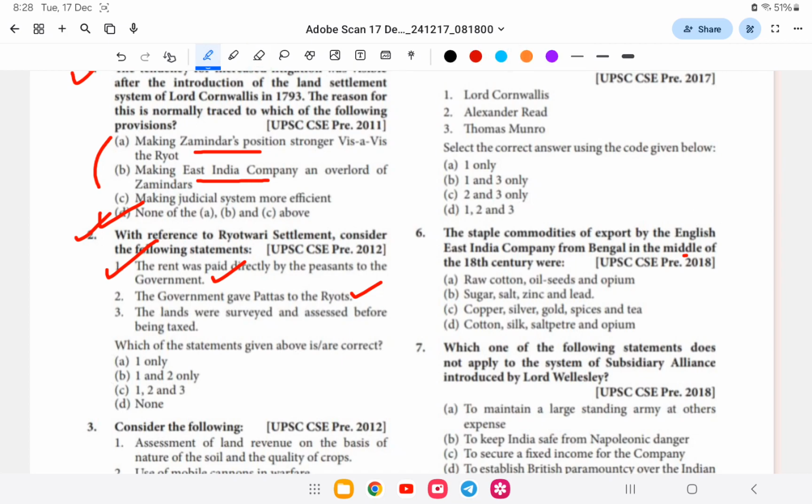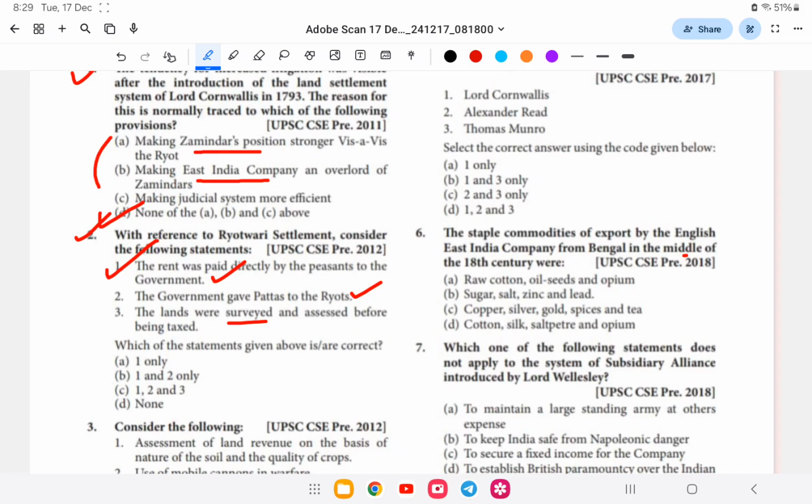Because of this, the farmers had the power to pay tax directly to the government under the ryotwari system. And number 3 is land was surveyed and assessed before being taxed.